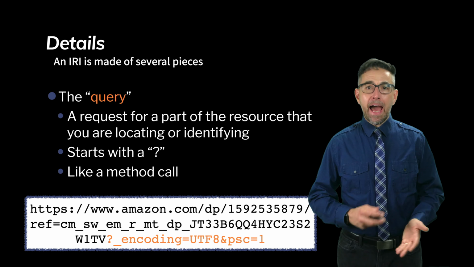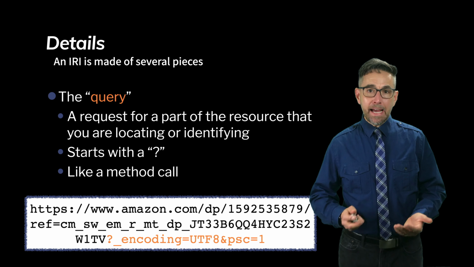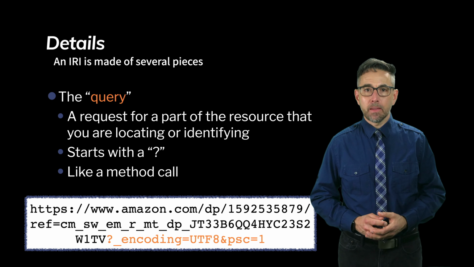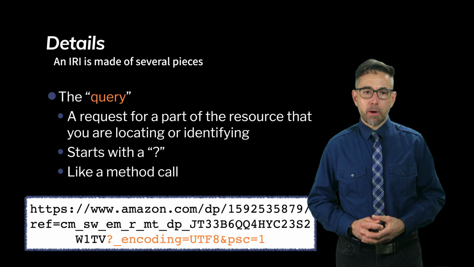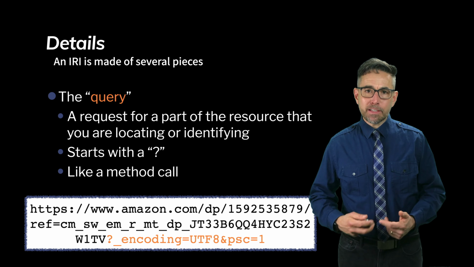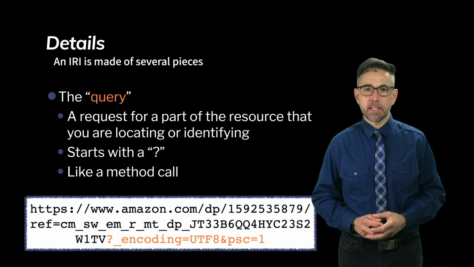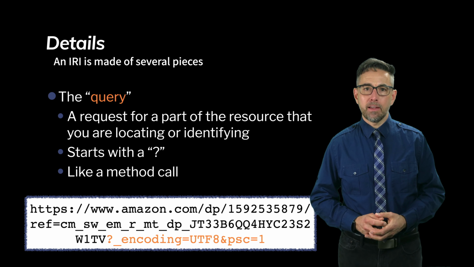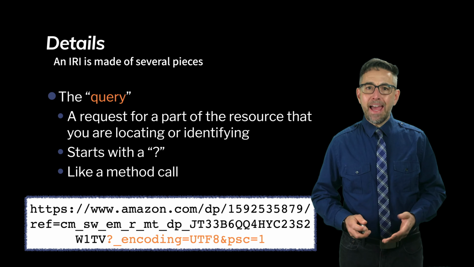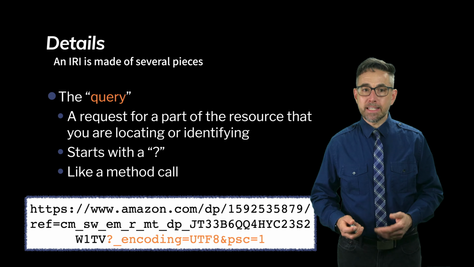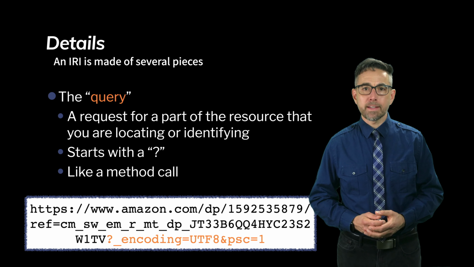At the end, after the path name, we encounter something called a query. A query starts with a question mark, and it is a way of specifying a component of the resource that you're interested in, a part of the resource that you're locating or identifying. It starts with a question mark, and for those of you who are familiar with programming, it's a little bit like a method call or a SQL query on a particular resource.